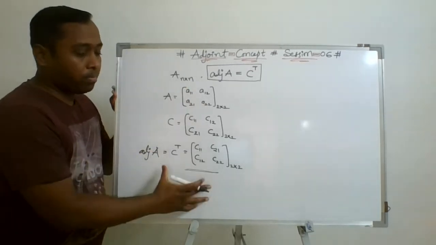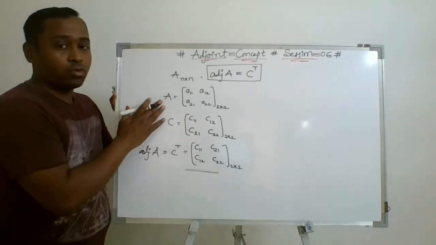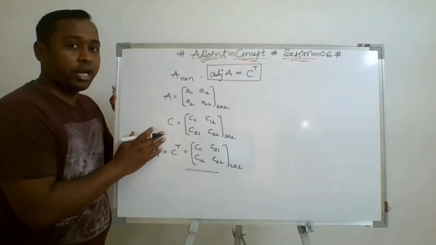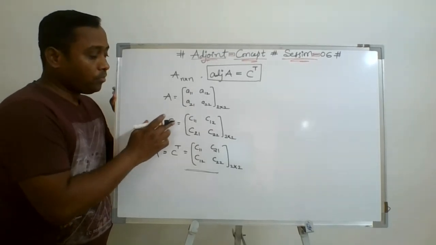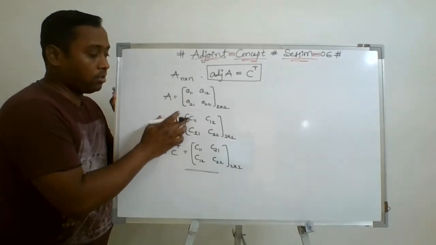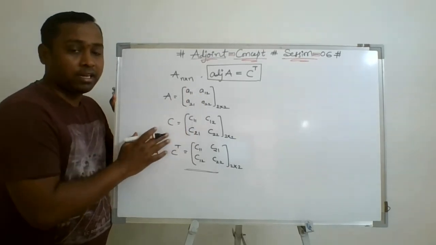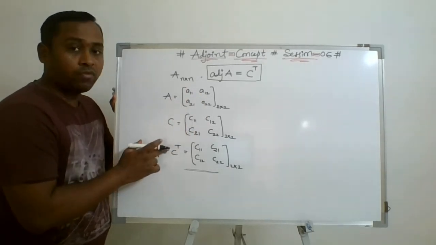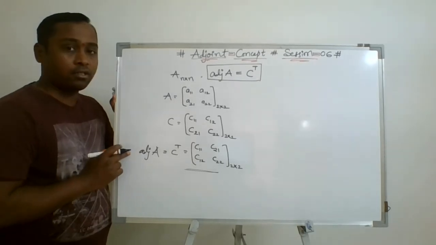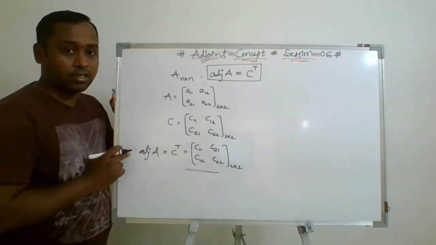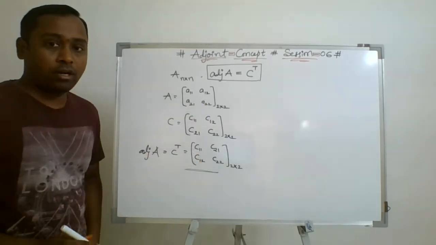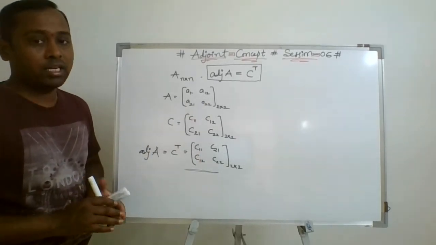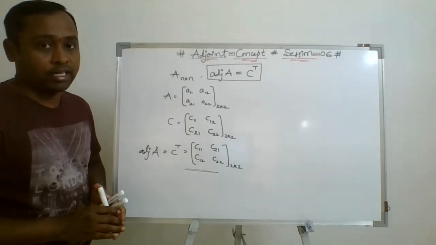So this is the simple way to remember. A is a square matrix, then the corresponding cofactor matrix is just a collection of cofactors of each and every element, and then the transpose of this cofactor matrix is known as the adjoint matrix. So now, with the help of this definition, we are going to discuss some important results of the adjoint matrix.